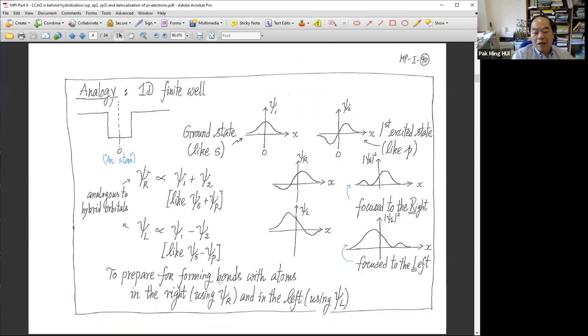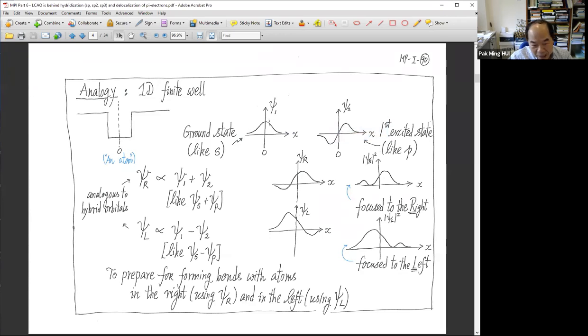So if that doesn't ring a bell in your mind, the simpler picture is as follows. Always think about an atom as a finite well. That is a very good picture to have in mind. So I have a ground state that will be my S. I have a first excited state that will be my P. How about I add this to this, okay?